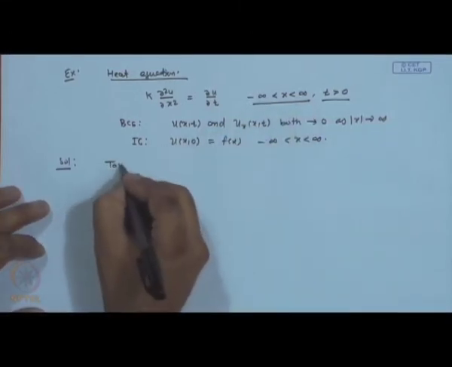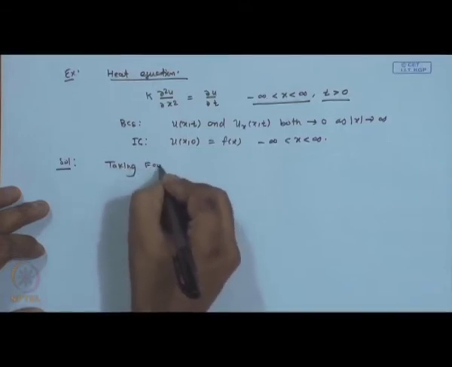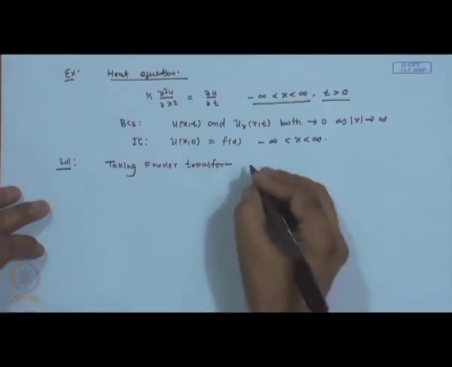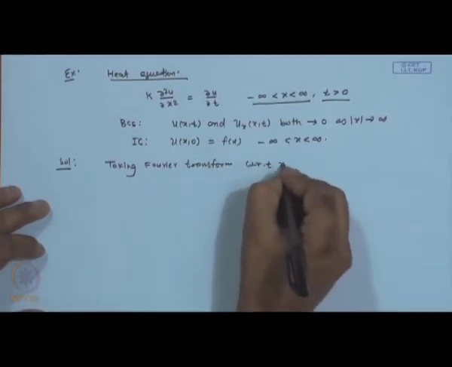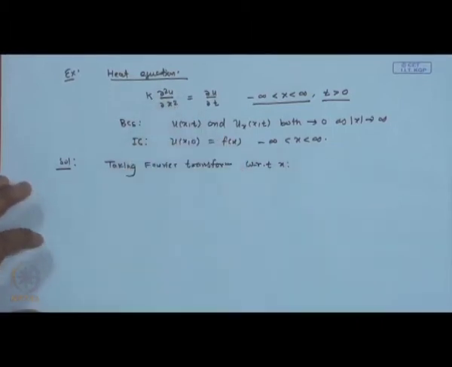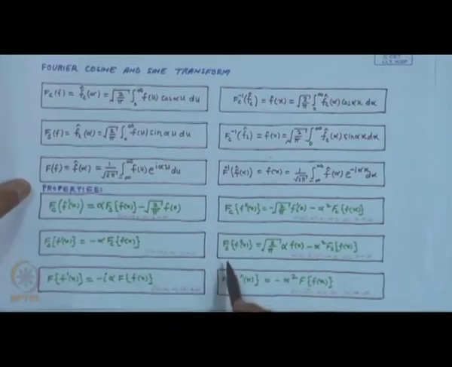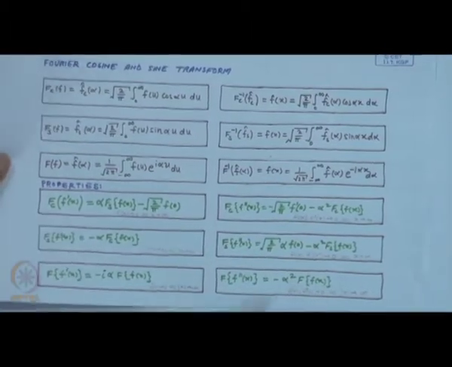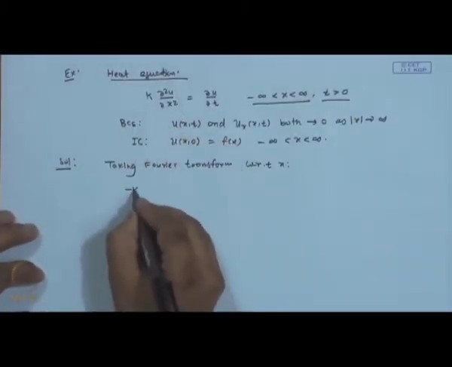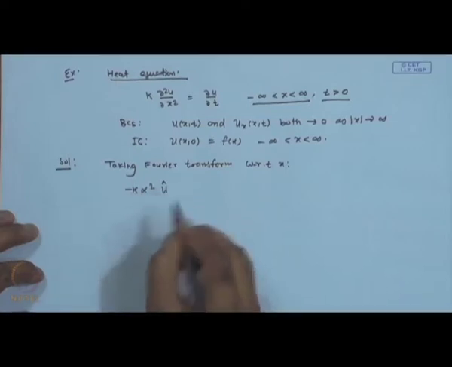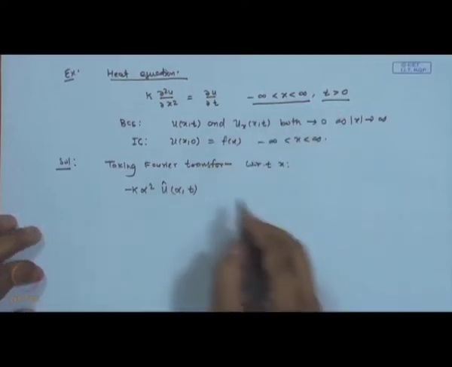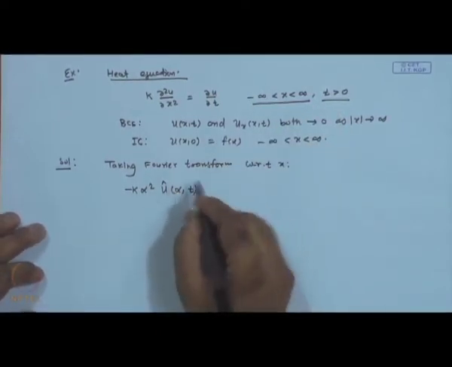So, now taking the Fourier transform with respect to x, we get a double derivative, and if we look at the table, the double derivative is minus alpha square times the Fourier transform. So, we have minus k alpha square, and t will remain as it is, because we have taken the transform with respect to x.